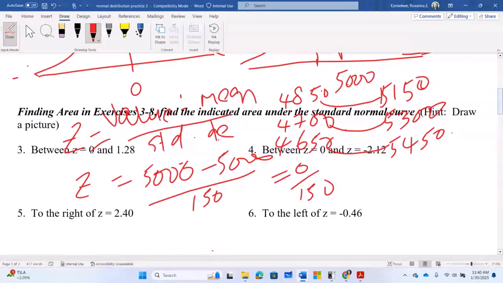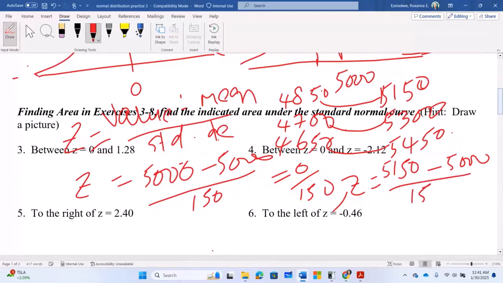What if I standardize one standard deviation above the mean? That is 5,150. So the z-score for that will be 5,150 minus the mean 5,000 over standard deviation 150. See, 5,150 minus 5,000 is 150. 150 divided by 150 is 1.